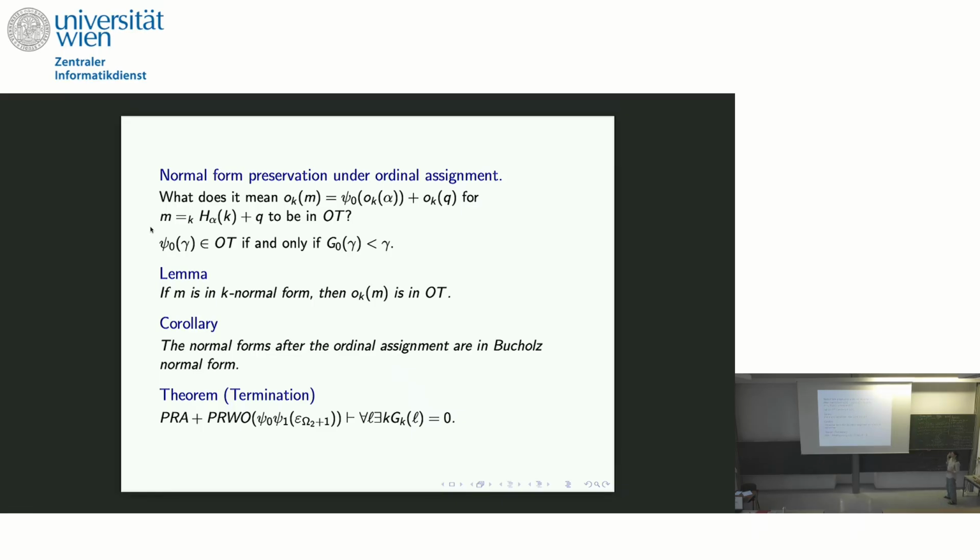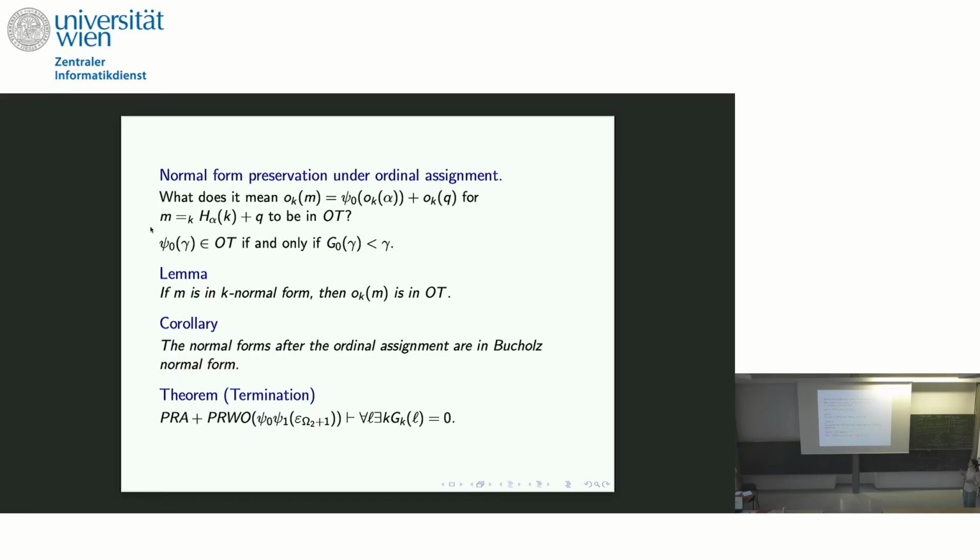That's why this ordinal cannot be in OT. And this is what we need to check: while we were mapping ordinals, did we map into anything that shouldn't be allowed? Then we show that if M is in K-normal form, then also this OKM is in OT, is in normal form for the notation system.